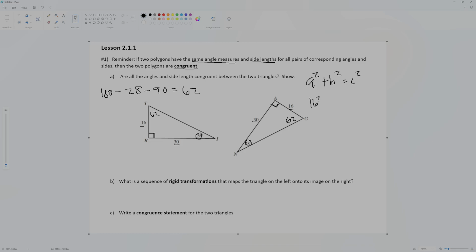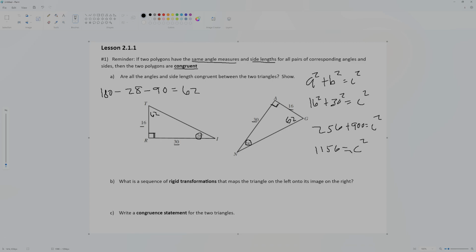So we got 16 squared plus 30 squared equals c squared. That's 256 plus 900 equals c squared. So 1,156 equals c squared.